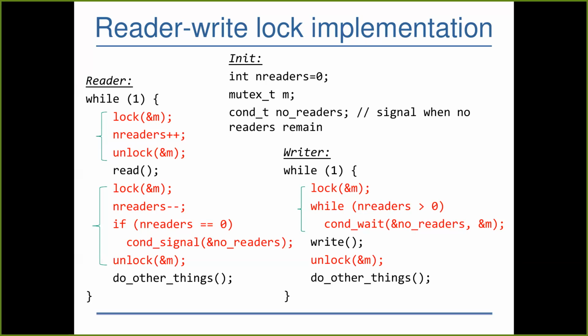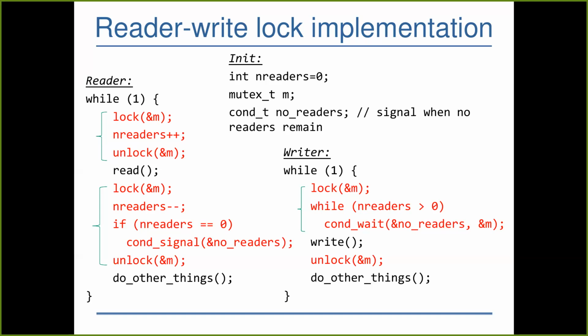Okay, and then finally it will do other things, meaning outside of the critical section. So what did we do fundamentally? We grabbed the lock to increment the counter. That was a very short critical section that requires mutual exclusion, and all readers will perform it.